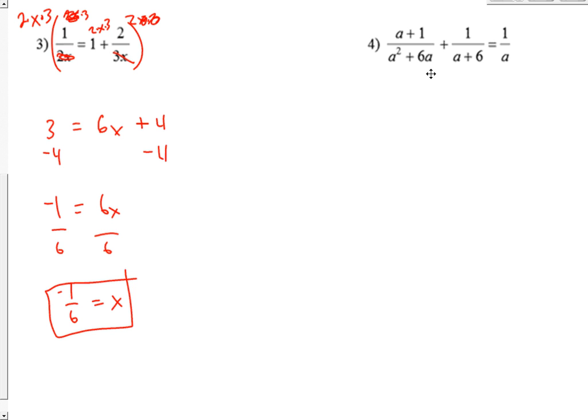Number 4, when we look at this, I need to see that there's a denominator that needs to be factored. A squared plus 6a has a common factor of a in each of those two terms. So if I factor that out, I'm left with a plus 6 on the inside of the parentheses.